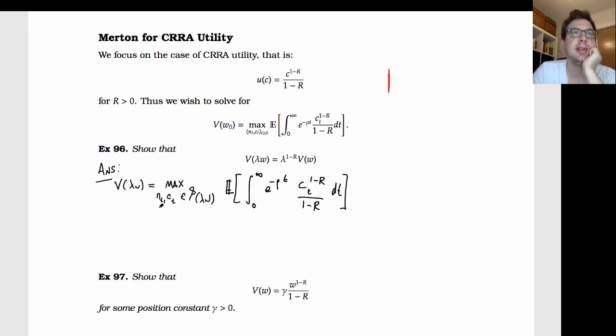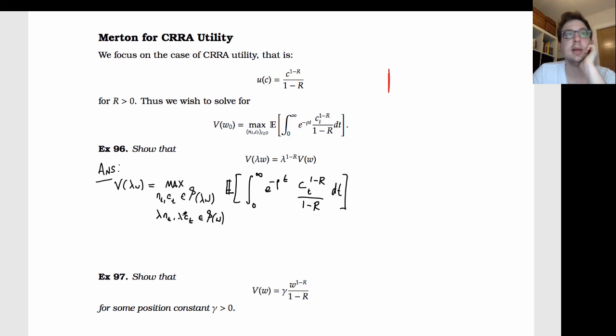Each policy that I consider here is the same as a policy where I have n of t and I consume lambda c of t, but I have an initial wealth of W, because everything I could do here with this wealth, I can also consider as an investment where I just multiply everything by lambda, okay?